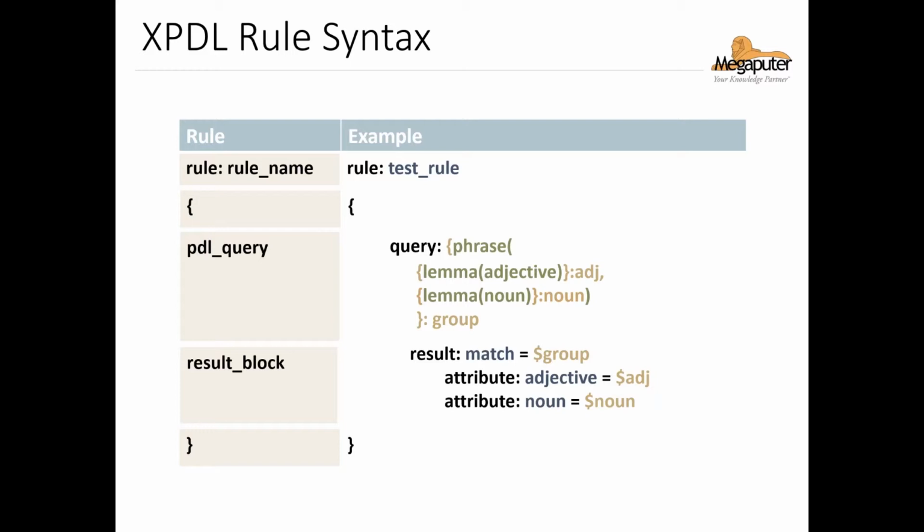So we have $adjective and $noun, so we're referring to the adjective and noun named groups that are going to be inside of our group named group. And this is the basic syntax of XPDL. We define our rule, we have a query block, and then we have a result block that's going to determine what we're actually returning or extracting from the text.